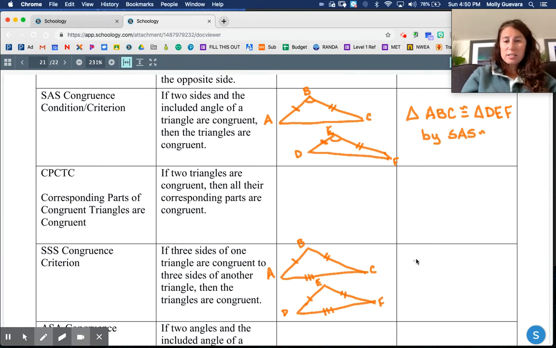They are the same shape and the same size. So I can say that triangle ABC is congruent to triangle DEF, and in this case, they're congruent by side, side, side.